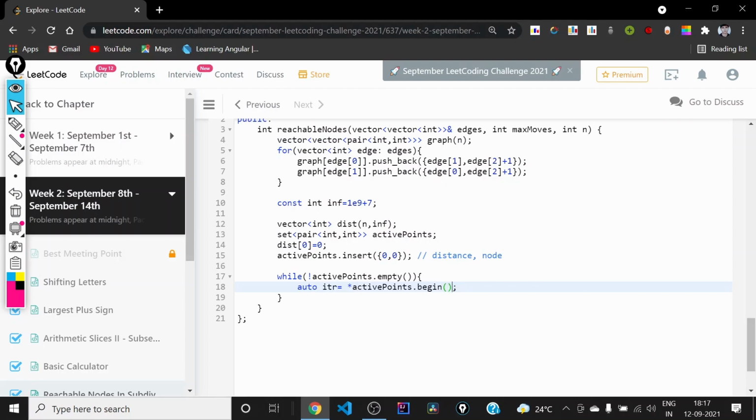I can call it itr. We know that itr dot first is the distance, and itr dot second is the node.